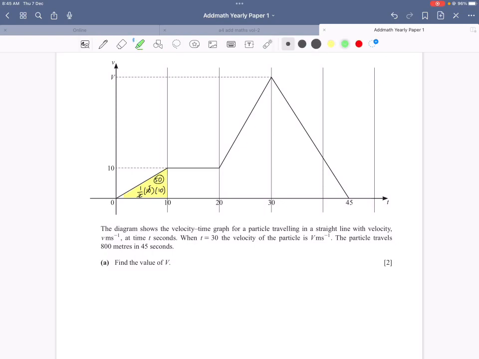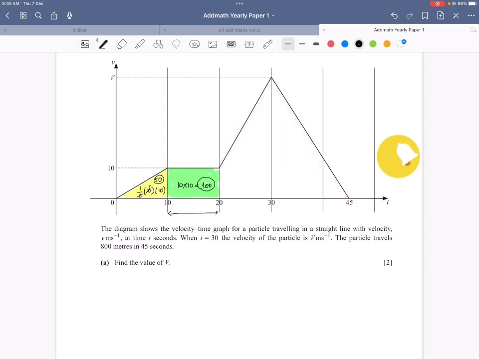After that, we have a rectangle here, this part. And we can find the area of the rectangle as well. It will be the difference of these two, it's 10 and the height is 10 as well. So that distance is 100. That is the second part distance. After that, we have a different shape. It's similar to a triangle.